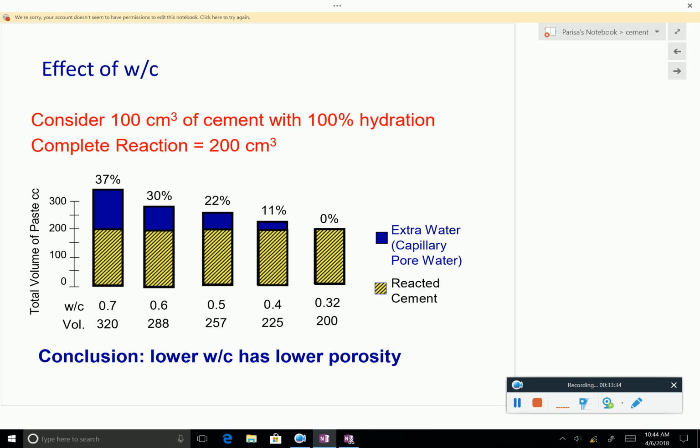So what we can say for sure is that if we have a lower water-cement ratio, we have less porosity. But we need to be able to calculate. Let's see how it would be calculated.